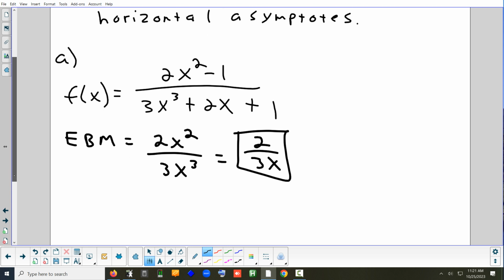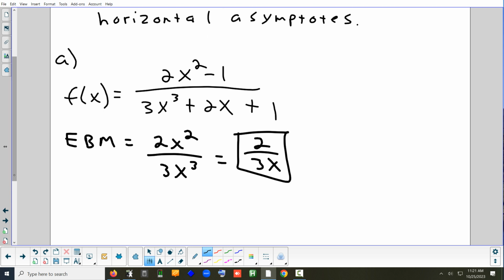Now the horizontal asymptote is what happens in the end behavior model as x gets really big. So HA is horizontal asymptote. What's going to happen to what's inside that box as x gets bigger and bigger and bigger? It's going to approach 0. Because as x gets bigger, the denominator gets bigger and bigger, and 2 divided by something bigger and bigger gets smaller and smaller.